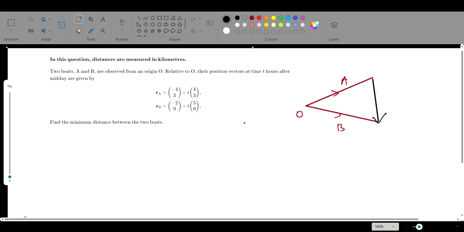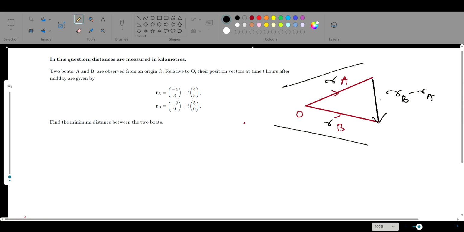To write this vector, I'll go in the opposite direction of A and along the direction of B. If this is RA and this is RB, it is RB minus RA. So the vector I need to develop is RB minus RA.